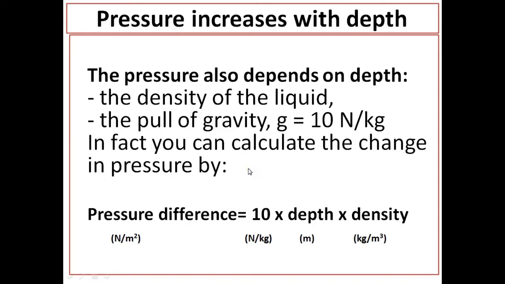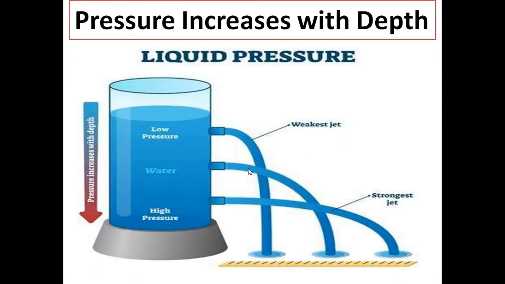Now let's see what the picture here shows. If you take water in this container, and it has three different outlets from which the liquid is coming out, you can see that the pressure at the bottom is high. It is increasing from top to bottom. Pressure is low at the top, whereas it is high at the bottom.